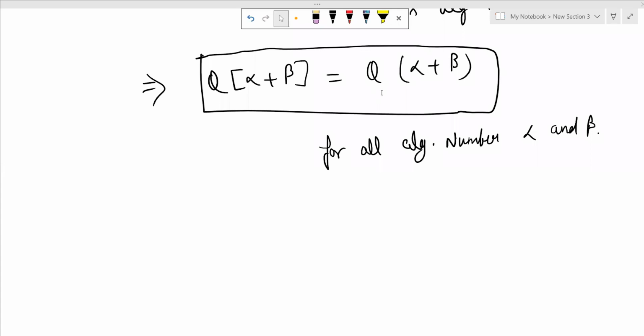Muthukumar, is the sum of two transcendental numbers transcendental or not? Pi and 1 minus pi. How will you argue 1 minus pi is a transcendental number?